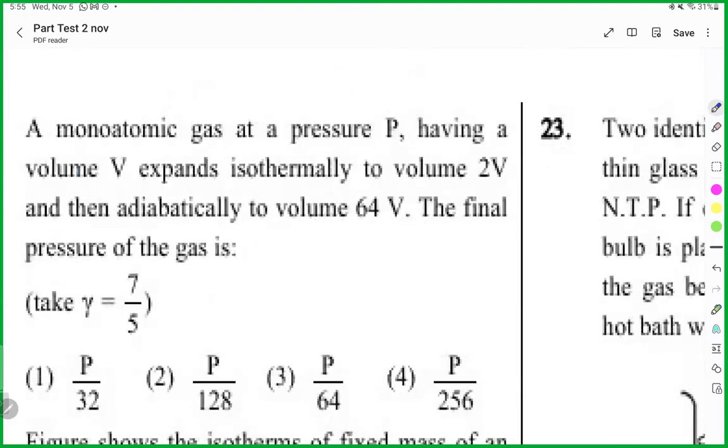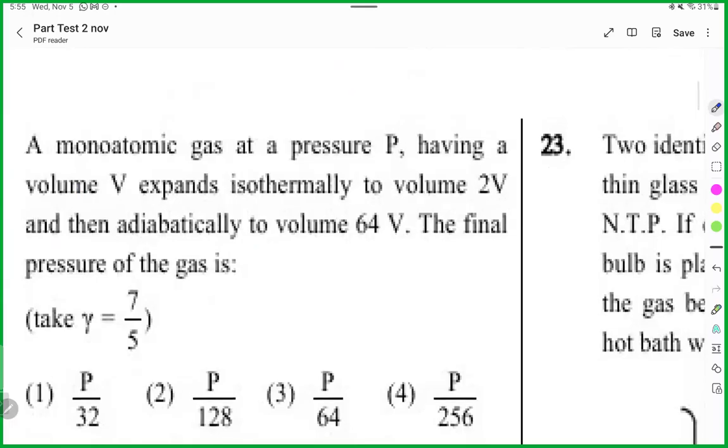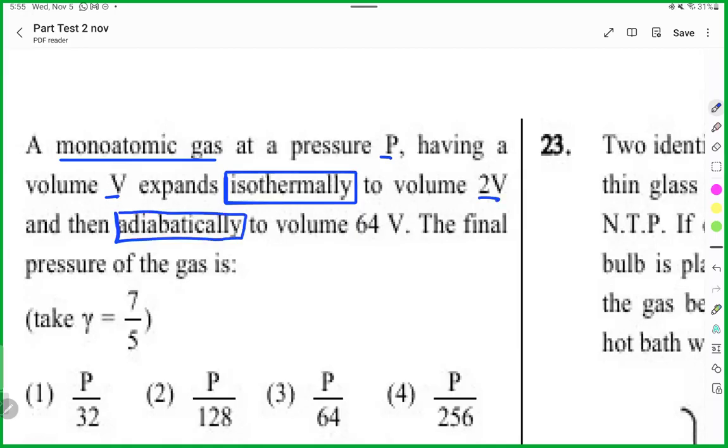Monoatomic gas, volume is changing. Tanya, this question: a monoatomic gas has pressure P and volume V. It expands isothermally to this volume, then adiabatically to this volume. What is the final pressure?